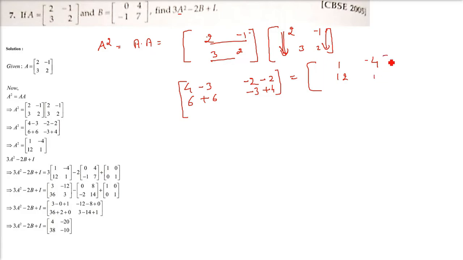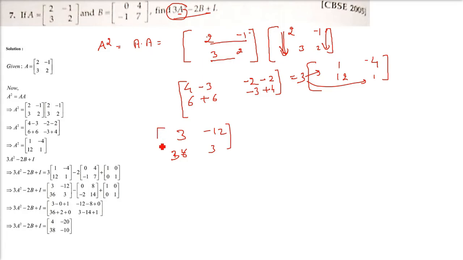Now you just have to put it here. We have to multiply it by 3 because it is 3A squared. 3 into 1 is 3, this is 36, this is minus 4 is minus 12, 3 into 1 is 3.